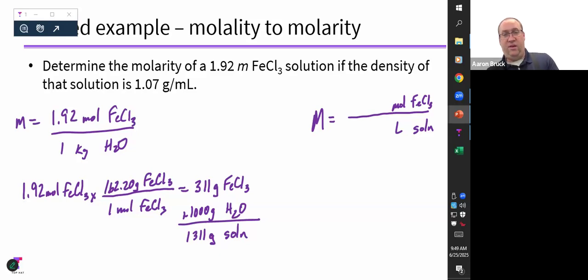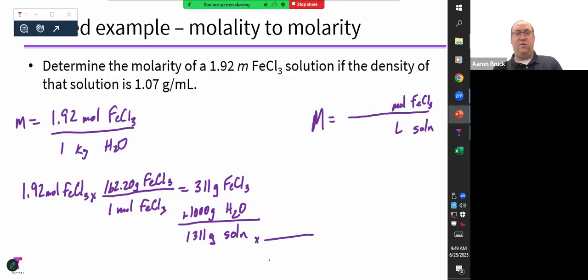Only thing left is to convert that grams of solution into volume. This is where the density comes in. 1.07 grams of solution is equal to 1 milliliter of solution.